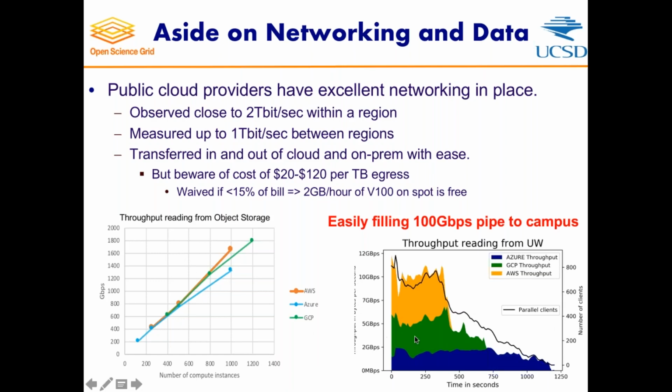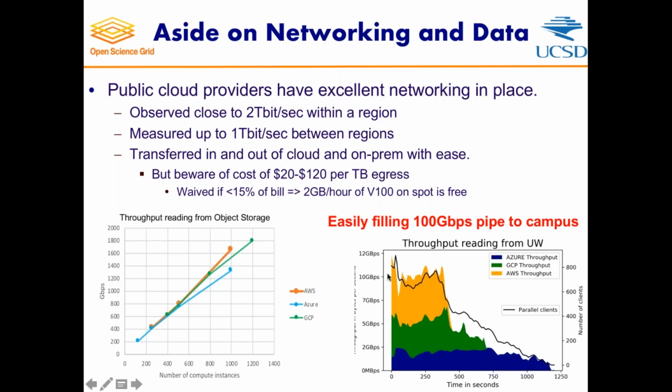Now on this side here, we're showing, can you actually pull data from Wisconsin and therefore not have to pre-stage data in the cloud? And the answer is yes. We've benchmarked this up to about 100 gigabit. Wisconsin has a 100 gigabit connection to Starlight, and at Starlight we peer via Internet2 with the cloud providers.